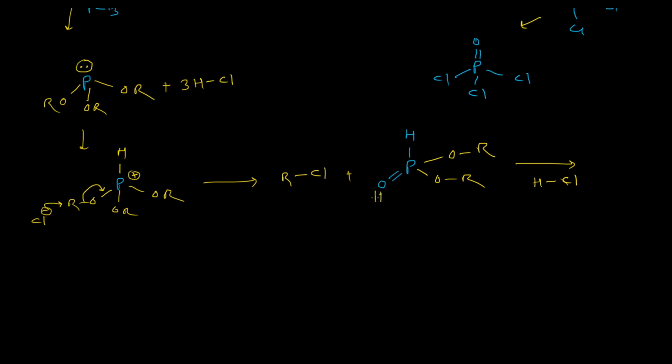So I am doing the protonation, and after the protonation this Cl minus will attack either of these OR groups, and thereby another molecule of RCl will form, along with the formation of this compound.